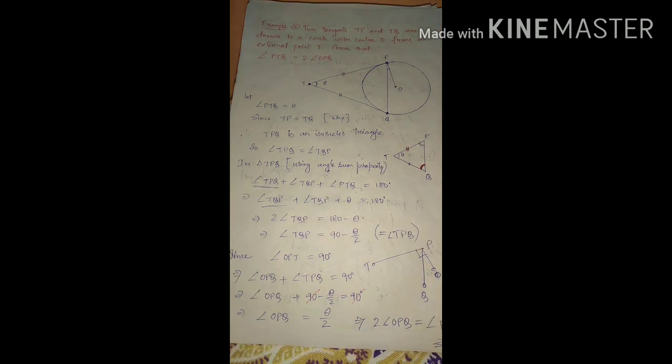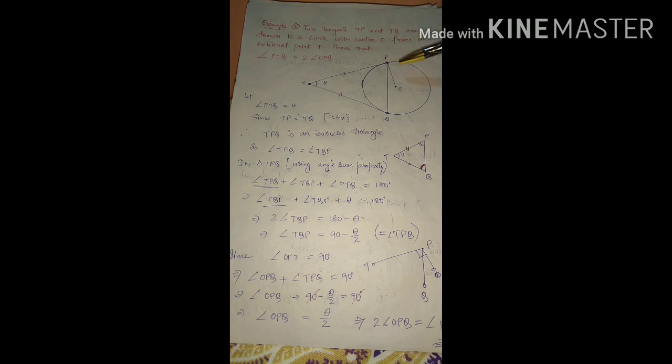Again, if you see the diagram one more time, O is the center and P is the point of contact. One property we know is that the tangent at the point of contact and the radius make an angle that is always 90 degrees, because we got this in the earlier theorem in the last class.